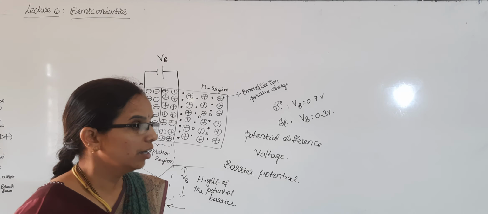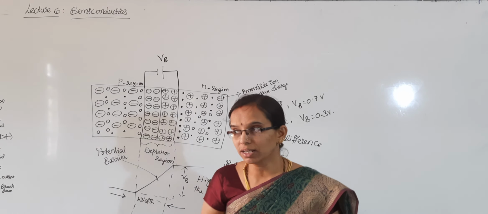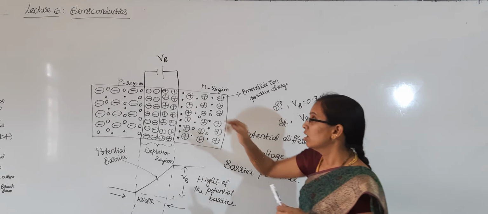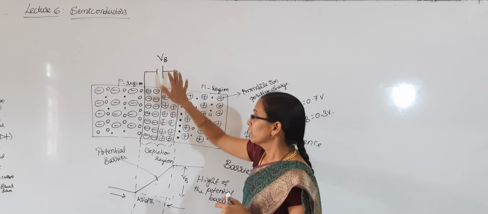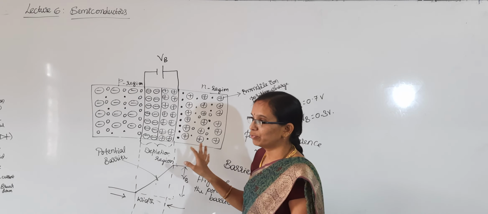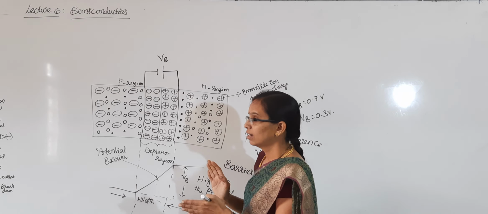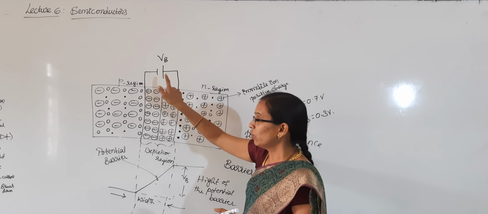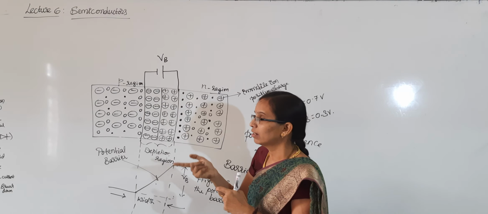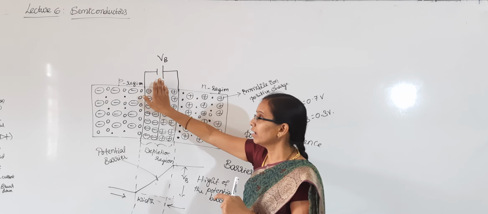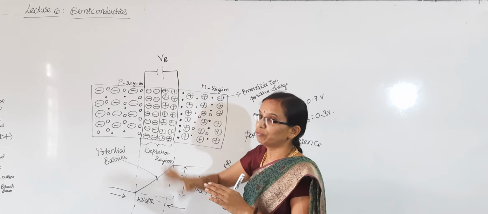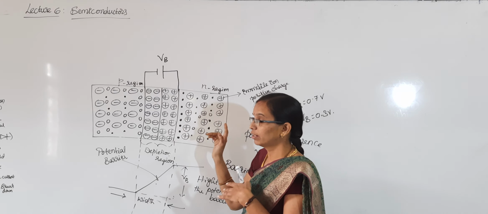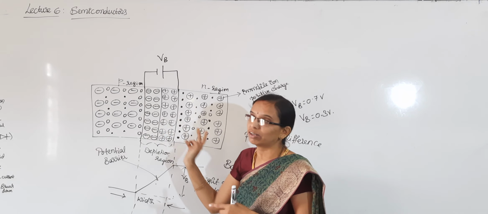See, when you give an external voltage more than this 0.7 or 0.3 volts, that means if you apply an external voltage to this p-n junction crystal, the voltage should exceed VB. If you apply that, then only the charge carriers are able to move across the junction.